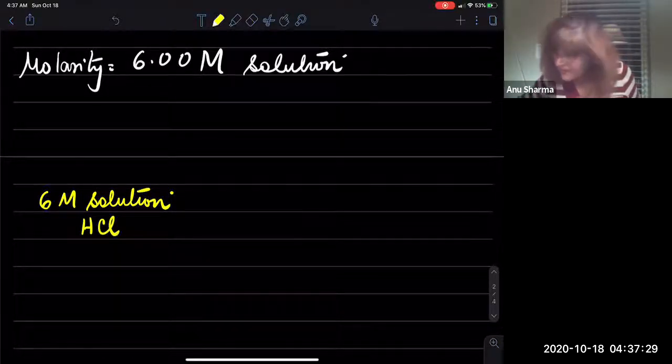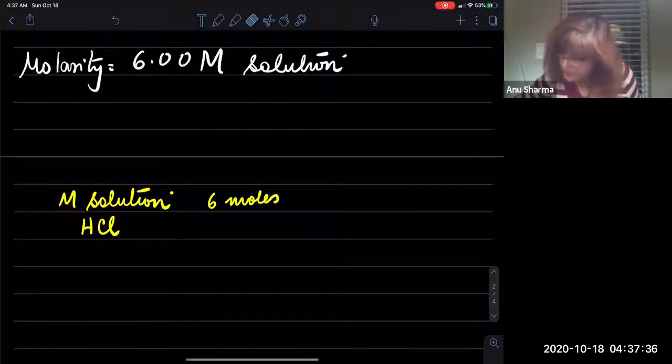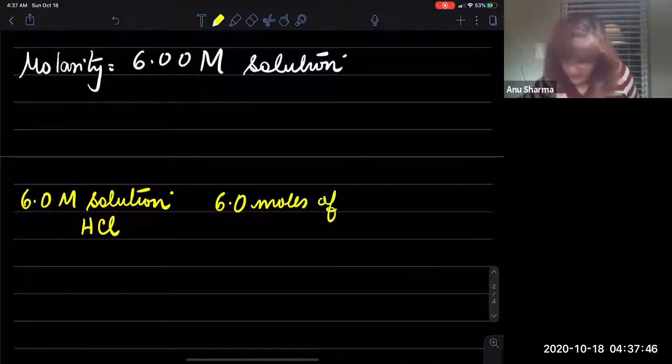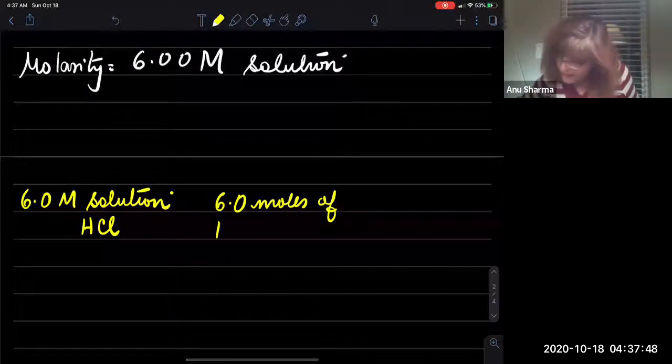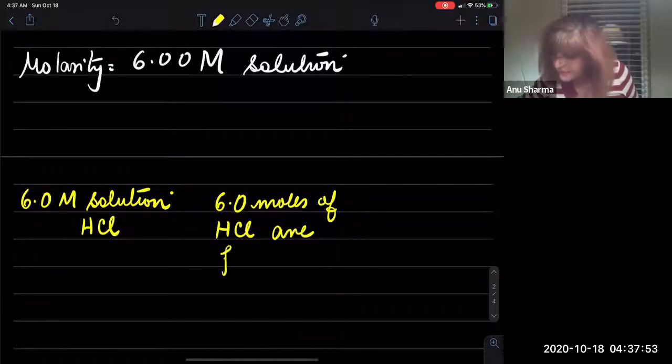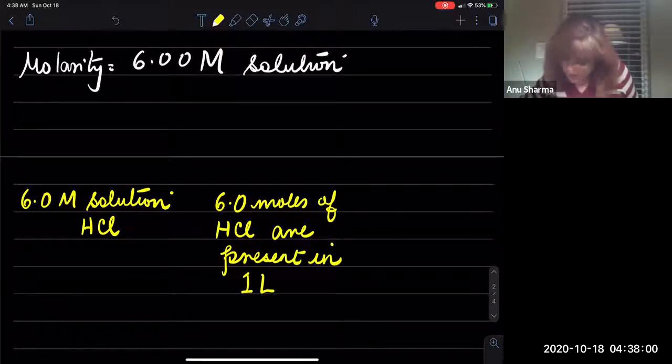Being a little more exact, 6.0 molar means 6.0 moles of HCl are present in 1 liter of HCl solution.